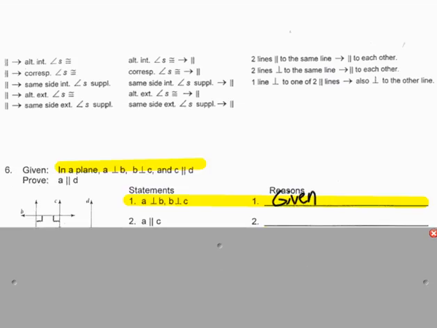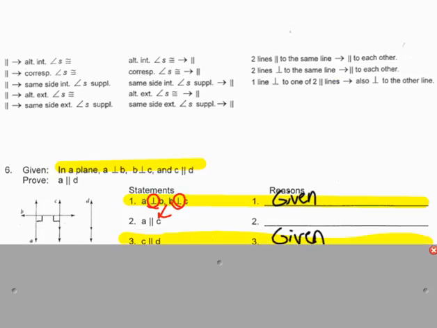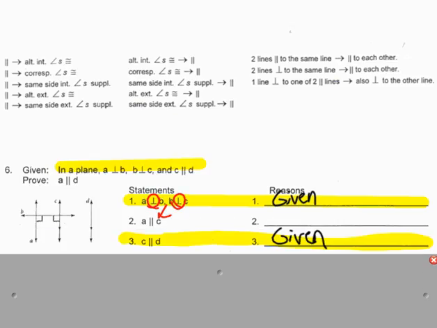Okay. Let's see here. We have 2 perpendiculars, then A is parallel to C. So A and B are perpendicular, and B and C are perpendicular, so there you go. Now they're saying A and C are parallel.